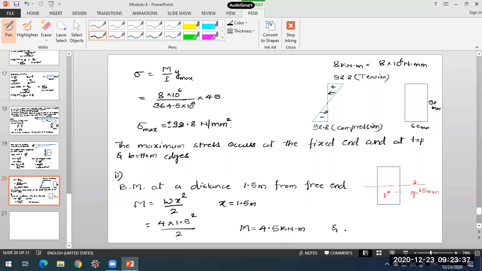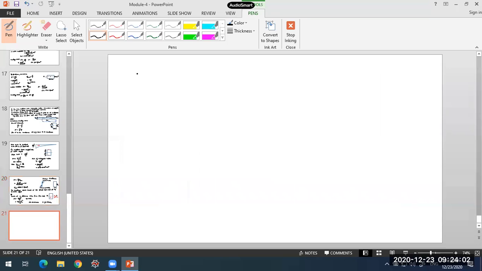And y is equal to what? y is told to us, it is 15 mm. At a distance of 1.5 meter, the bending moment value is 4.5 kilonewton meter, and what you have to find is the bending stress at a distance of 15 mm below the neutral axis. This is the location of the neutral axis. So we'll consider the same bending stress equation from the flexural formula.